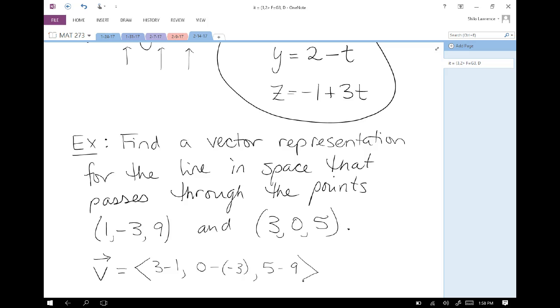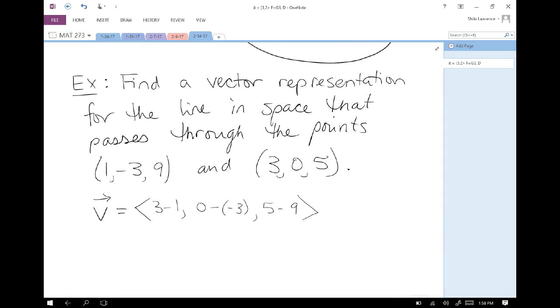So these answers for these equations in space are not unique. Several people can get several different answers, but they are all correct. I can mathematically show you how you're each correct, though. It wouldn't be my opinion.